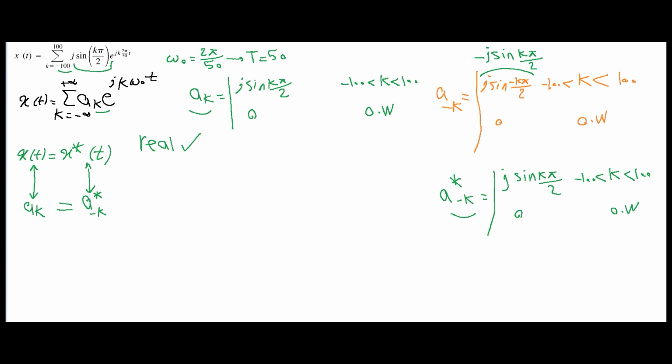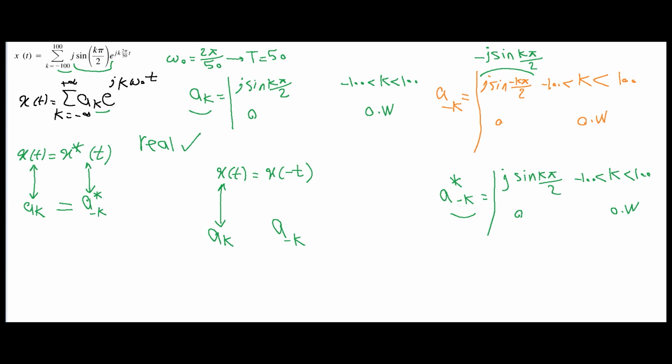Now let's determine whether the signal is even. Recall another important Fourier series property. A periodic signal is even if and only if a_k is equal to a_(-k).